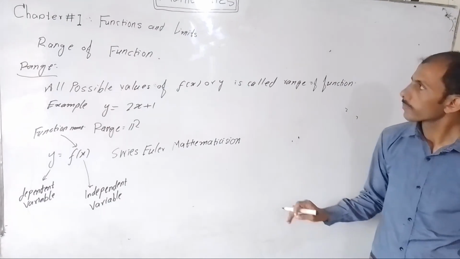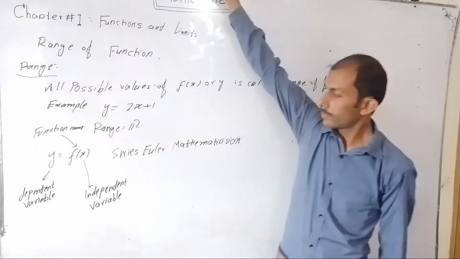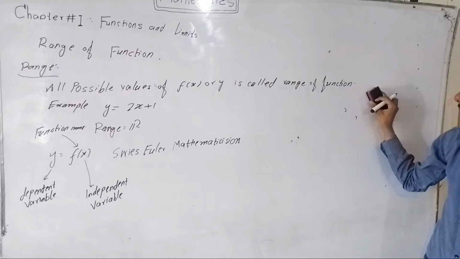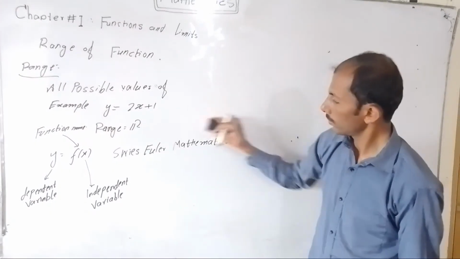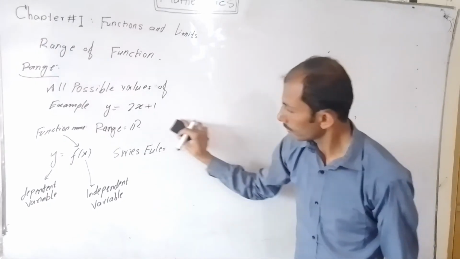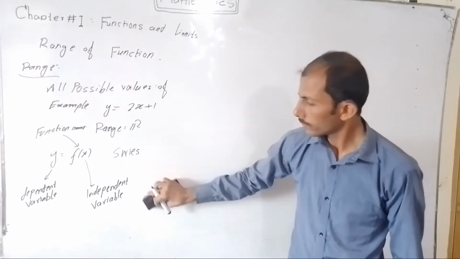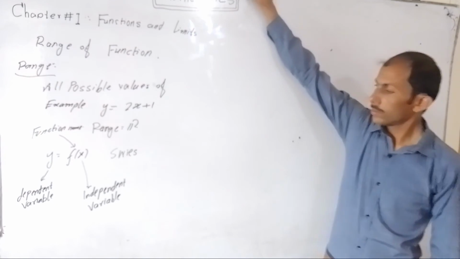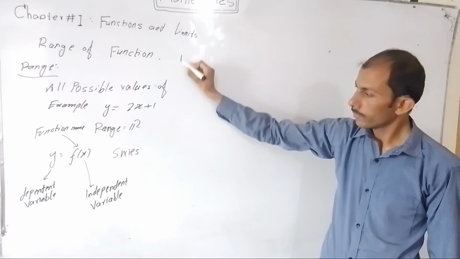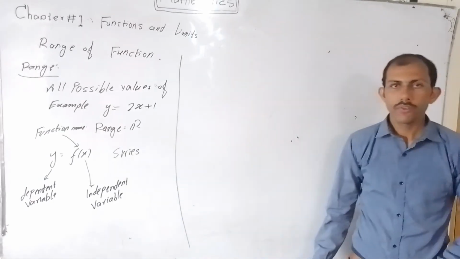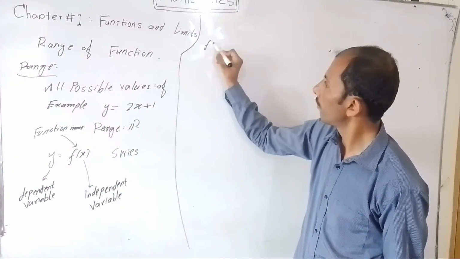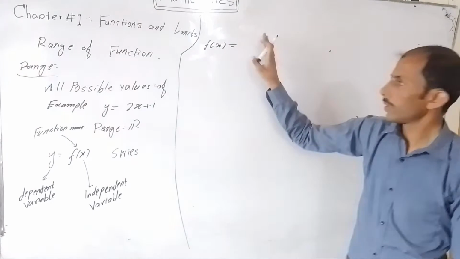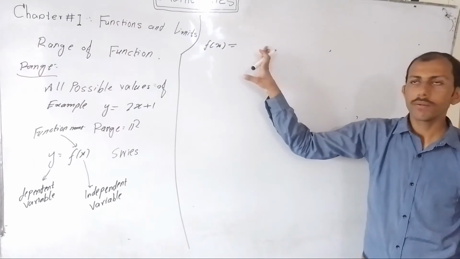Next, f of x is equal to constant over linear function.